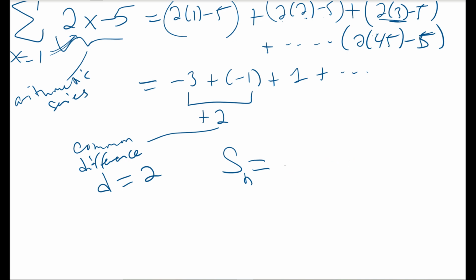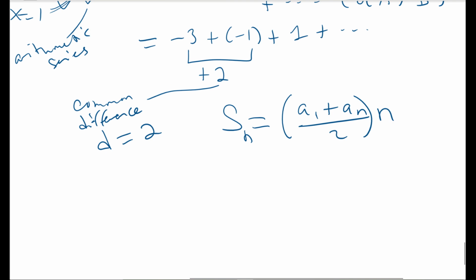It looks a little weird that way. I don't want to write it like that. So it's A1 plus An over 2 times n. I'll write it that way. Okay, so A1 plus An over 2 times n. So that's our series or sum formula, for arithmetic series only.